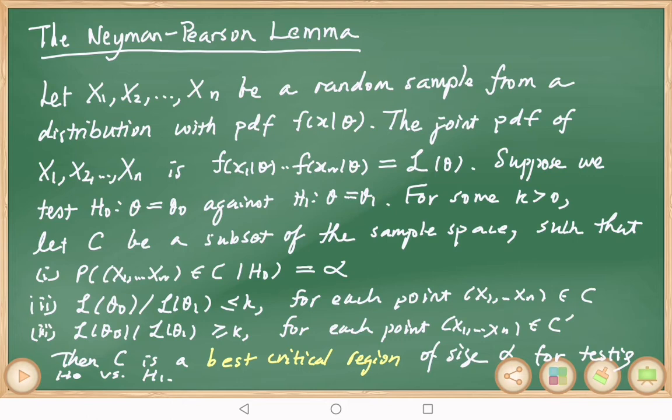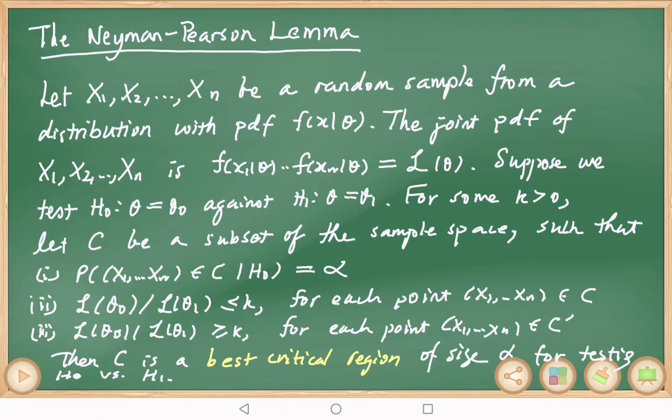And number 3, the ratio of the likelihood functions under the null hypothesis against the alternative is greater than or equal to k for each point in the complement of C, outside of the critical region. If the hypotheses are true, then C is a best critical region of size alpha for testing H0 against H1. All right, so essentially, this is what the Neyman-Pearson lemma says.